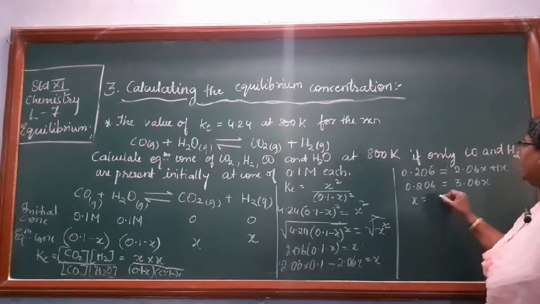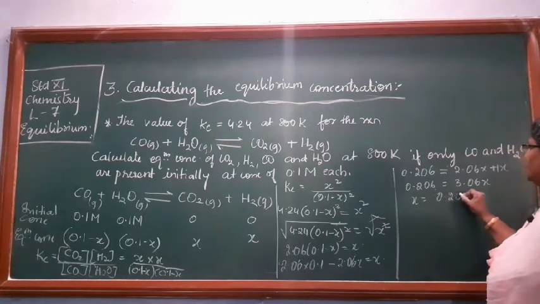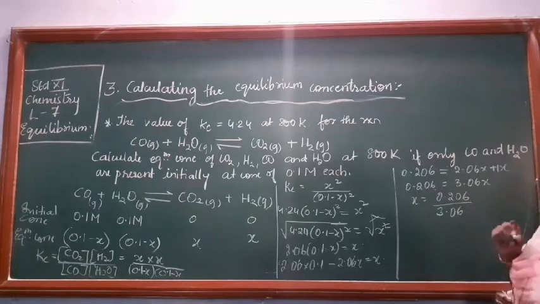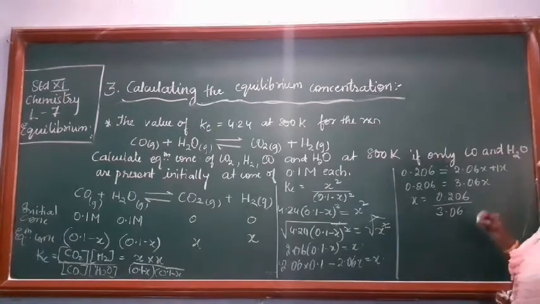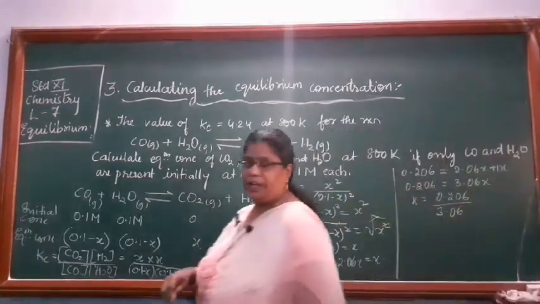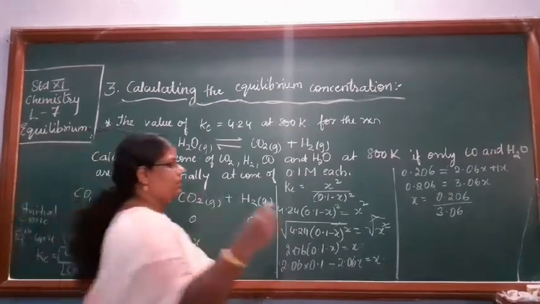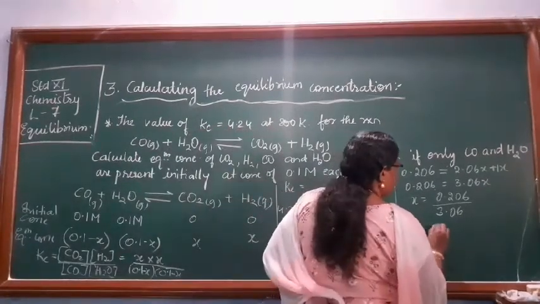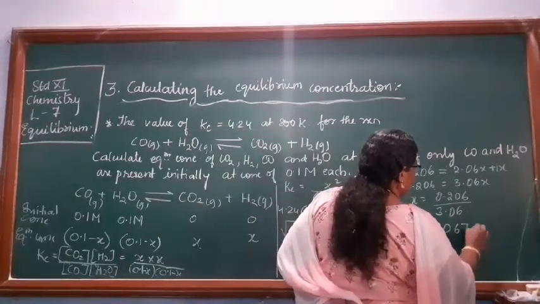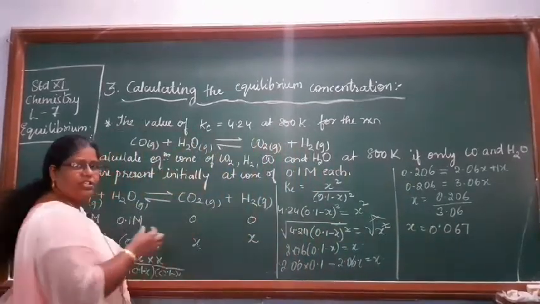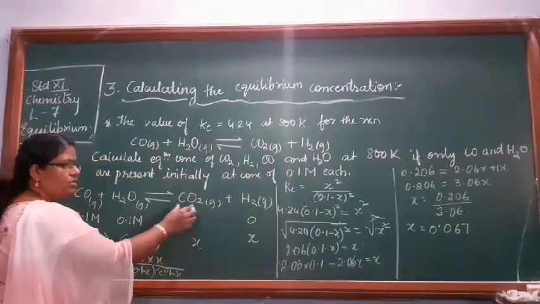So your x value is 0.206 by 3.06 इस तरह आ जाएगा. Solving this, you will get the value of x. It should come out as 0.067. Okay, so x is 0.067.